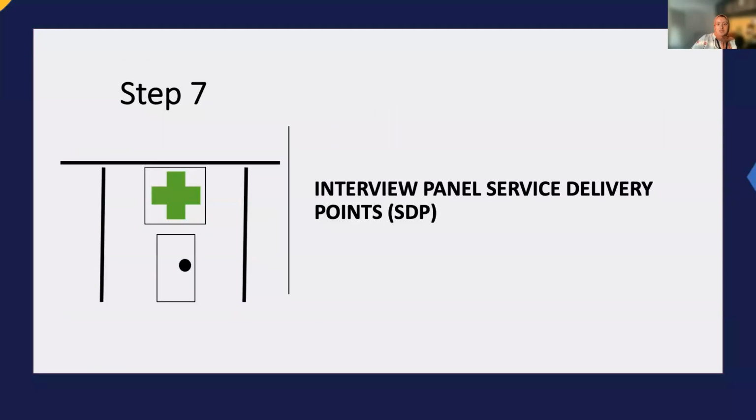And now in step 7, you interviewed panel service delivery points, the SDPs, and you administered the client exit interviews based on your country. Remember that supervisors followed up with and interviewed the public SDPs that served the EAs, and you and your fellow RAs followed up with and interviewed the private SDPs that you had interviewed in previous phases.